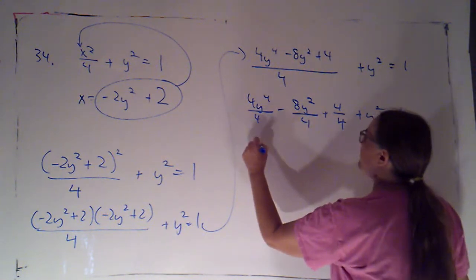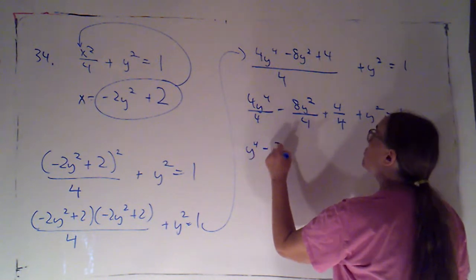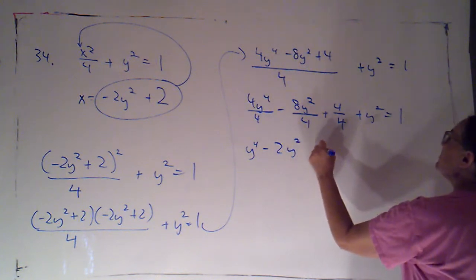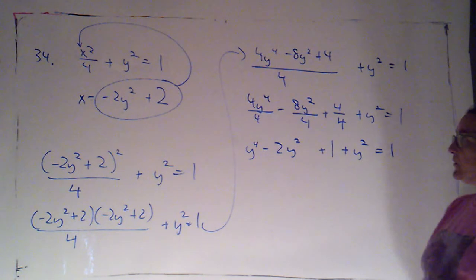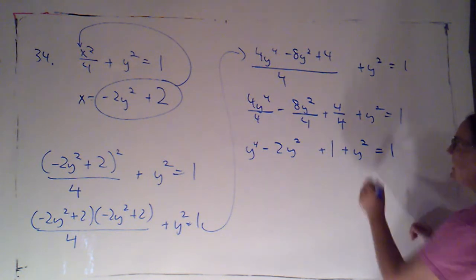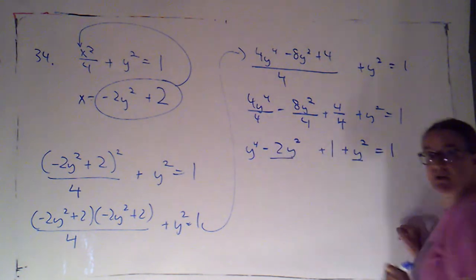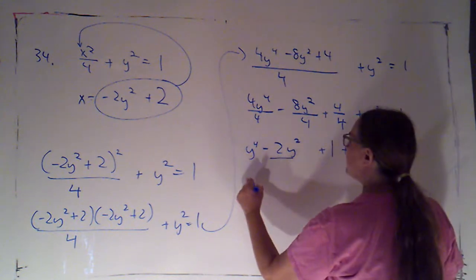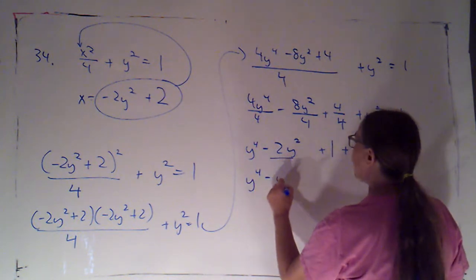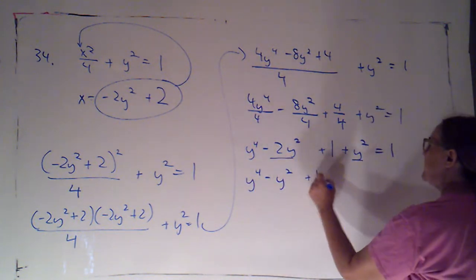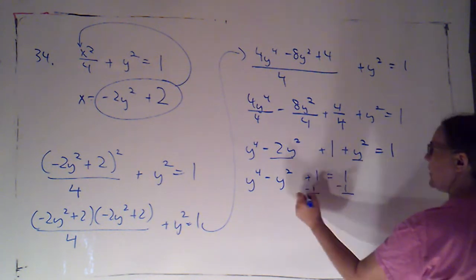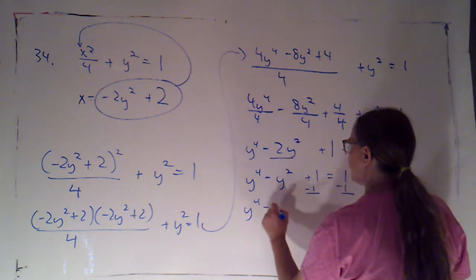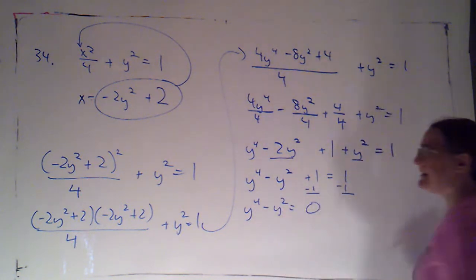So it's y to the 4th minus 2y squared plus 1 plus y squared equals 1. Let's combine those like terms, those y squareds. So y to the 4th minus y squared plus 1 equals 1. I'm going to subtract that 1 over. So we've just got y to the 4th minus y squared is equal to 0.